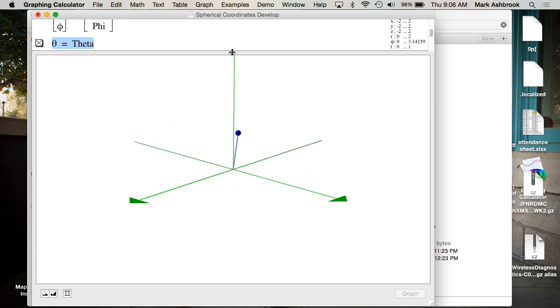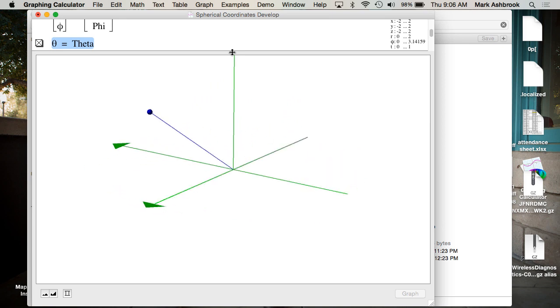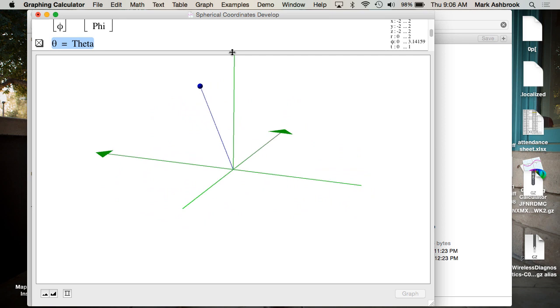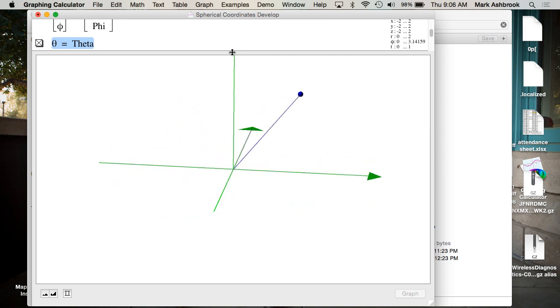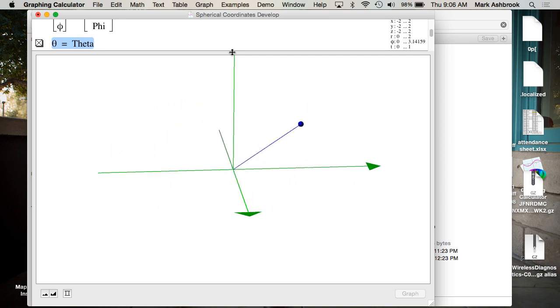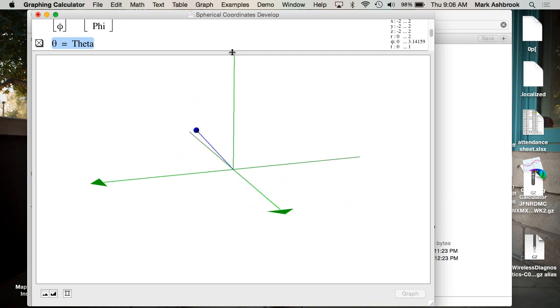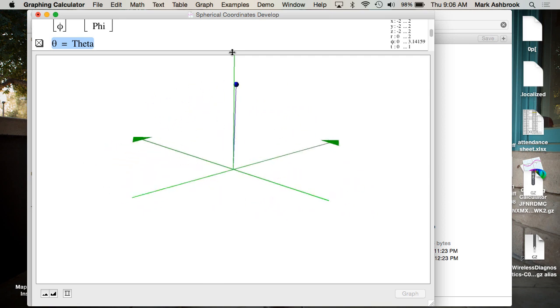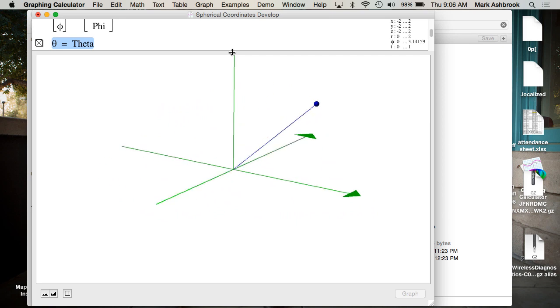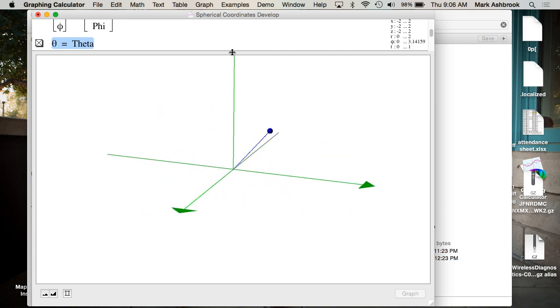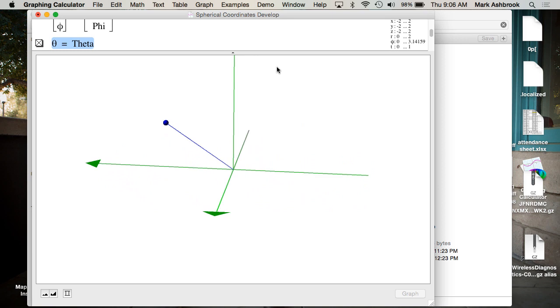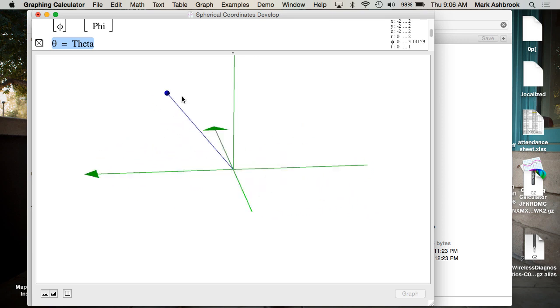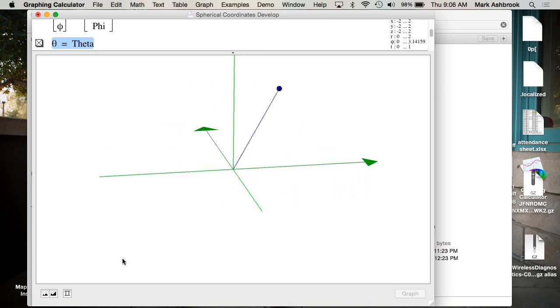Theta is about pi over 4. It's splitting that first octant right in half. What about phi? Also about pi over 4. It's splitting the difference between the z-axis and the horizontal plane. Rho you can't really guess, because you have no idea what the scale is.